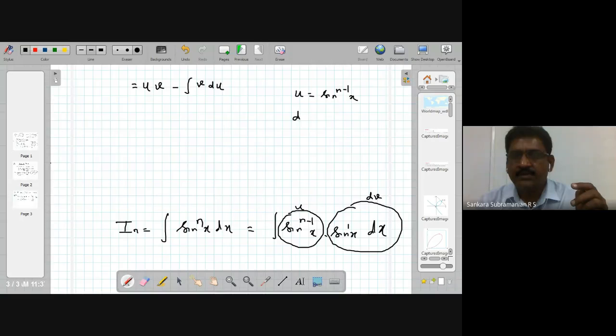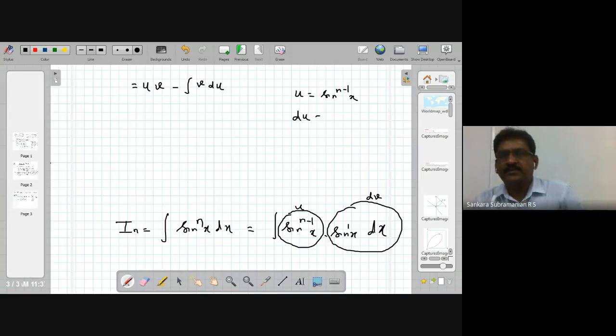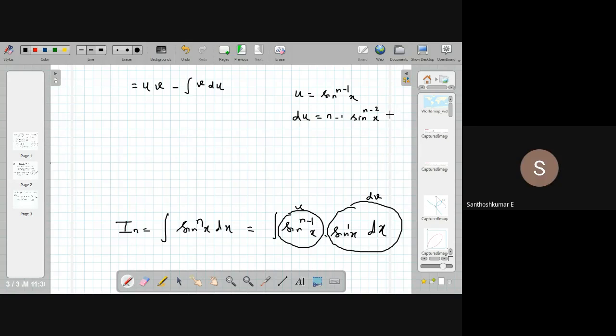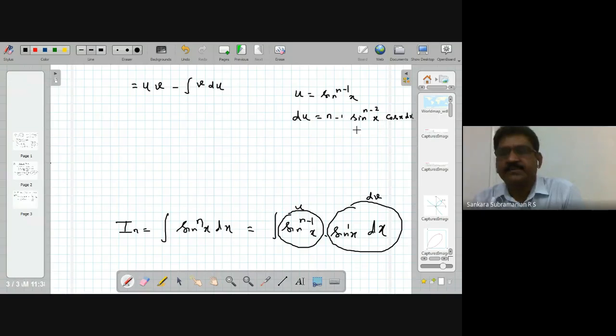So what is du? It is n minus 1 times sine to the power n minus 2 x into the differentiation of sin x, which is cos x dx. This is du.